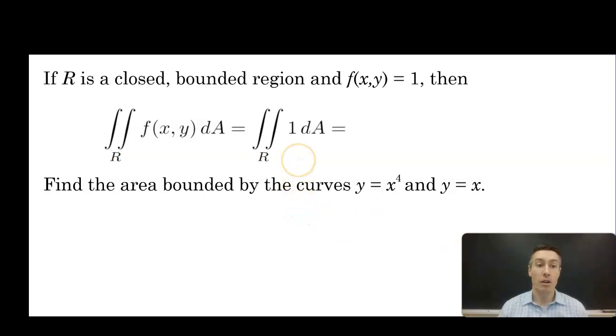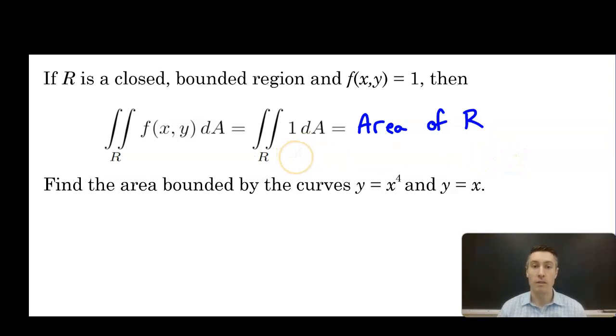So if R is a closed and bounded region and the function is equal to 1, then the double integral of the function f of xy dA over the region R, we can replace with 1. So double integral of 1 dA over the region R, and this represents the area of R. Really, it's still a volume, just to be clear.